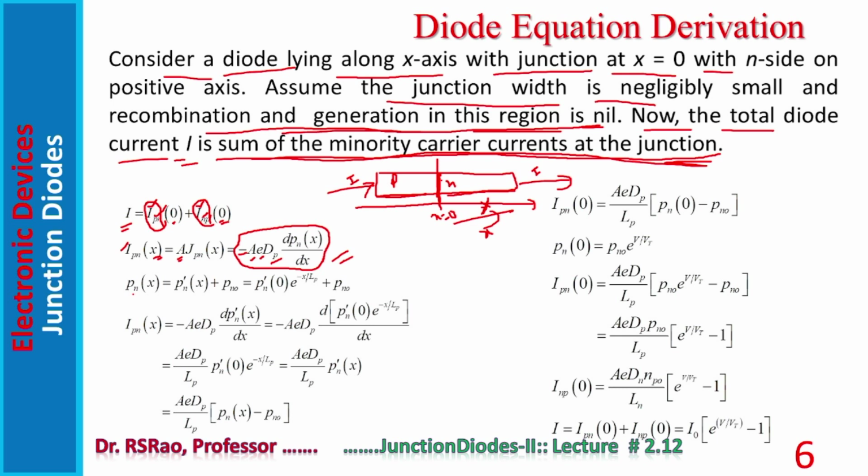Now Pn(x) means hole concentration on N side at a distance of x. It is equal to Pn'(x) plus Pn0. Pn0 means hole concentration on N side under equilibrium conditions.